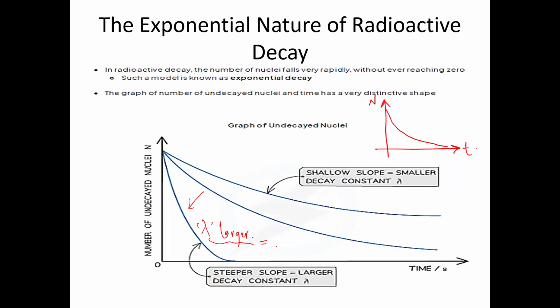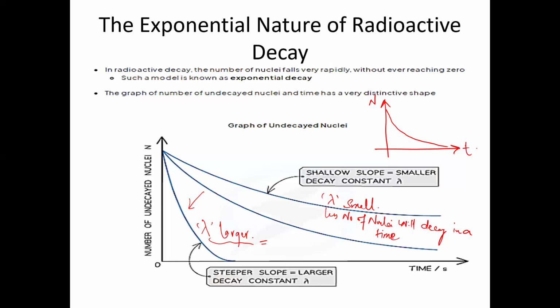Radioactivity is going to be quicker. But if there is a smaller decay constant, like the value of lambda is small, what will happen in this specific case? This shows that fewer nuclei will disintegrate or decay in a respective time.